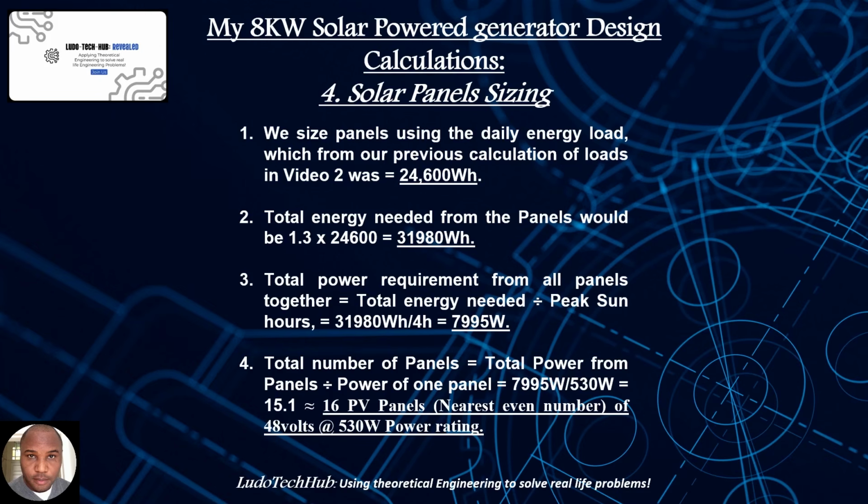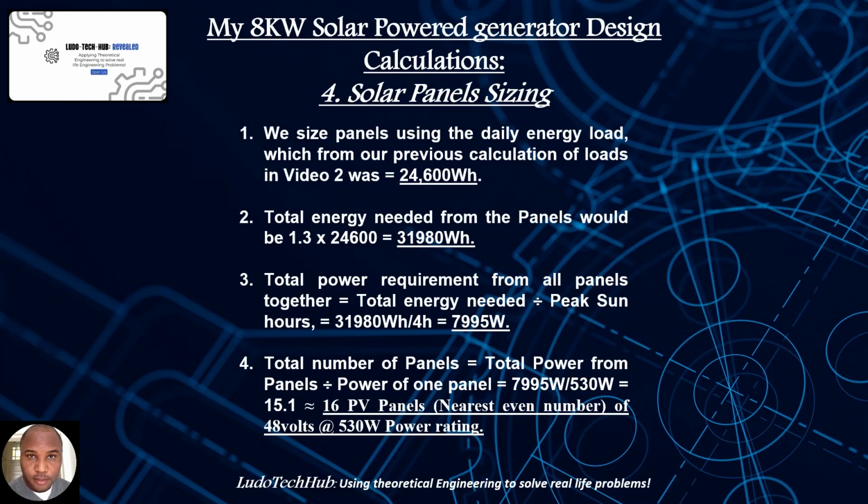So the second step is that the total energy we will need from the panel is found by using a factor to multiply our exact total daily need. Our exact total daily need is 24,600 watt hour. We multiply that by a factor to get the watt hour that we would need our panels to be producing every single day.